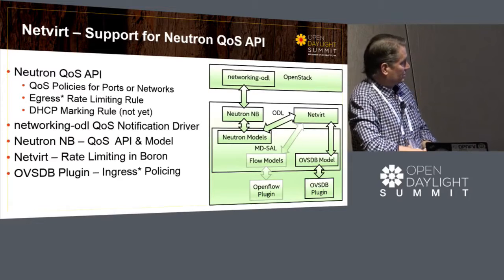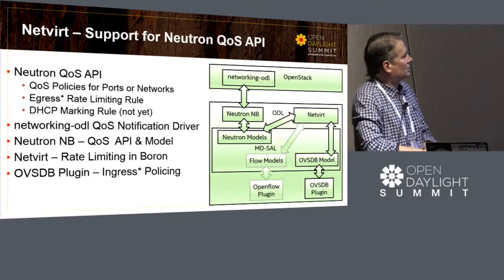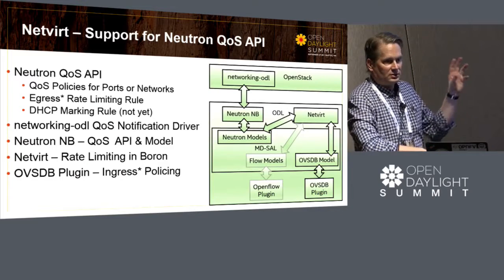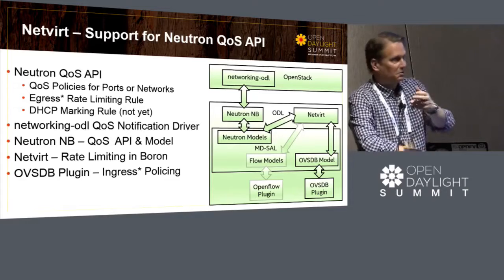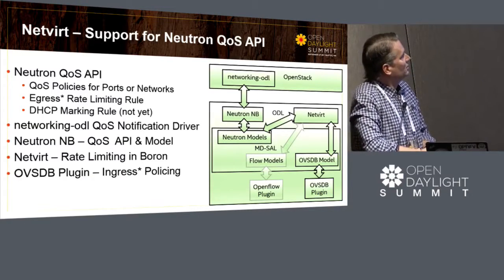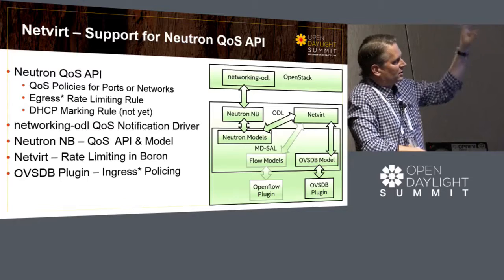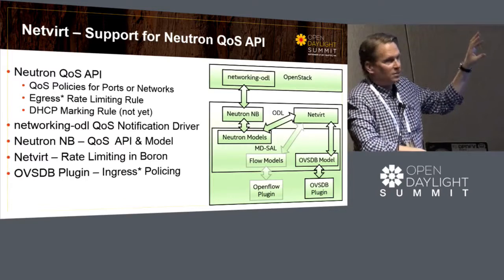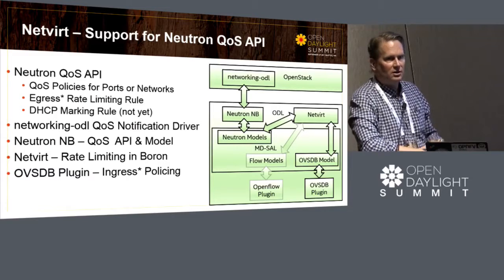we did a number of things. So we added into the Neutron northbound models the Yang models to represent the QoS API. And Pramod sitting right there was actually one of the key developers working on that. So basically, QoS API from Neutron can come in and it gets captured in the Neutron models. And then NetVirt is an application that is basically a Neutron provider.